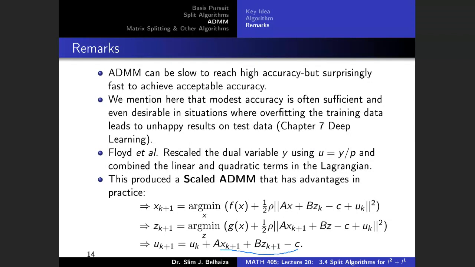So there is no rho anymore, which is much more simple. In fact, it has been shown that it has some computational advantages compared to the original ADMM. Okay, guys? So this is for the closing remarks about the ADMM.